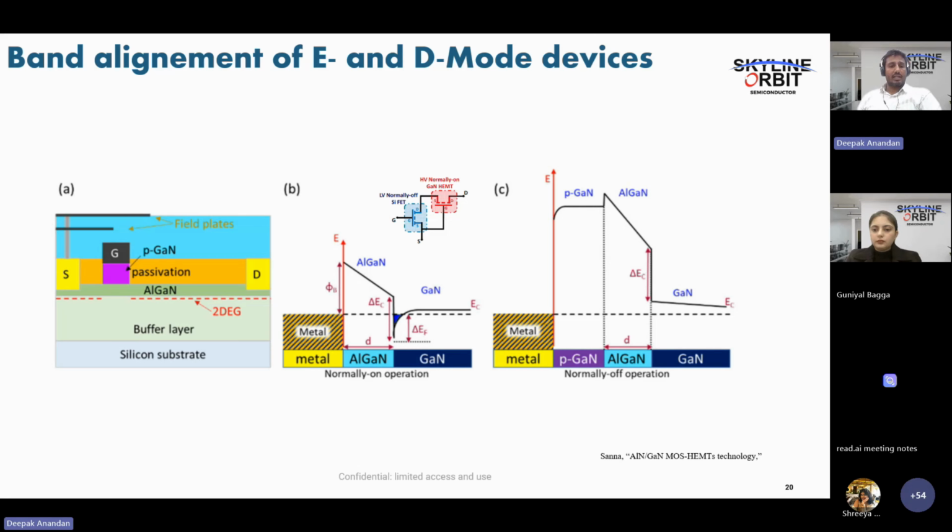You have to integrate a p-GaN layer on top of the aluminum gallium nitride layer so that it acts as a diode which repels the carriers at the interface, so that there will not be any 2DEG, which is lifted away from the Fermi level. When there is no touch with the Fermi level, there is no 2DEG. So the device will act as a normally off device.